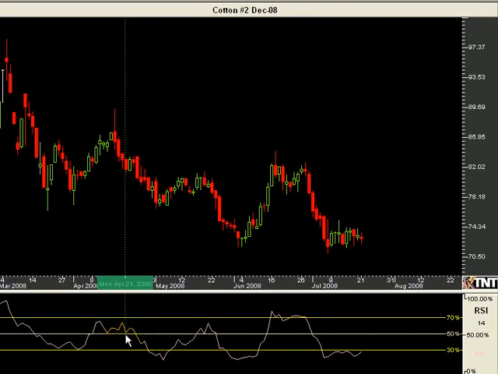If the RSI indicator is approaching the 50% level, I might anticipate a bounce near that level, and therefore I would look for a corresponding resistance or support level to form on the price bars.